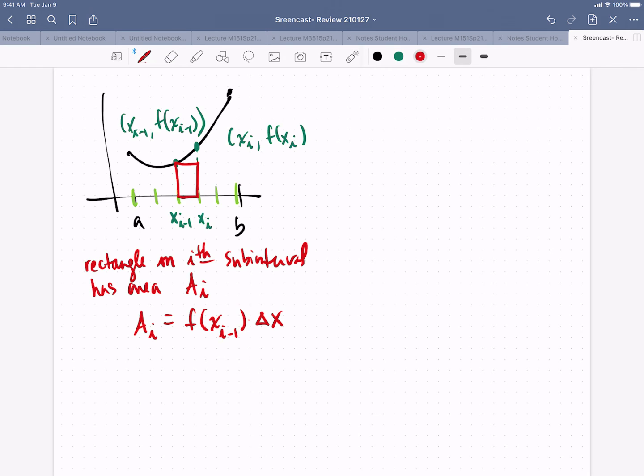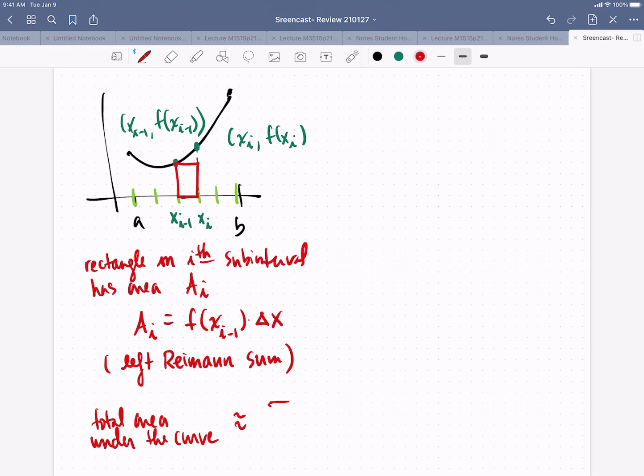This is an example of using the left endpoints of each subinterval to calculate an approximate area. And this is what you might call building a left Riemann sum. So the total area under the curve is approximately equal to the sum of all these rectangular areas.